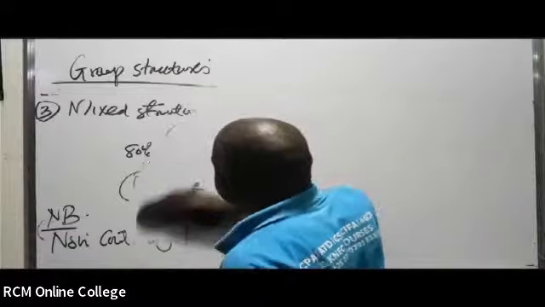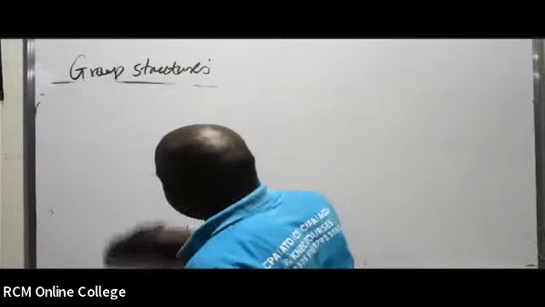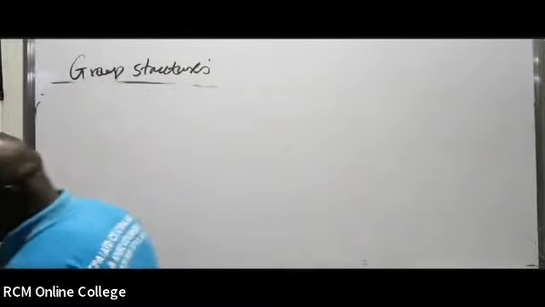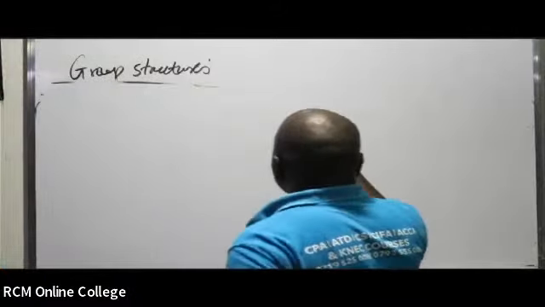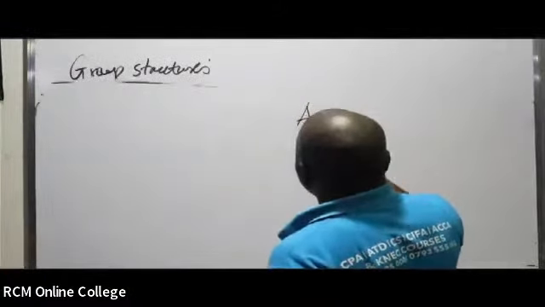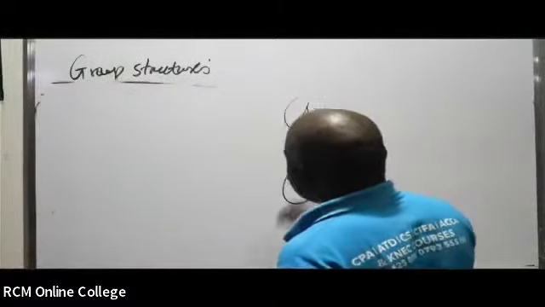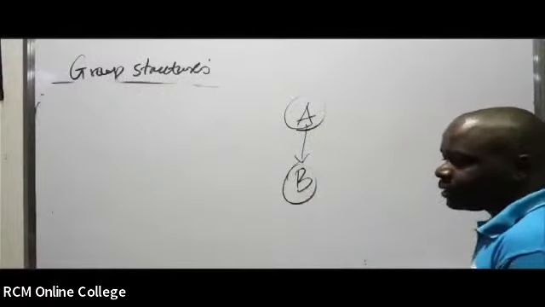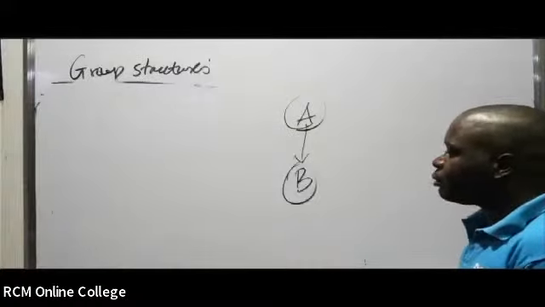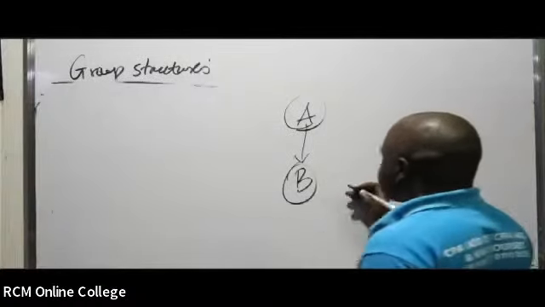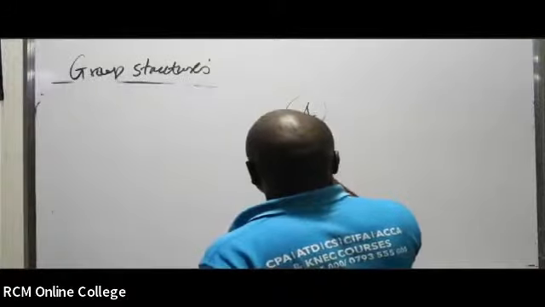So what do you mean by that? For example, we have a parent company A that has acquired a subsidiary B. And of course, we've already defined a subsidiary as where the percentage of ownership or stake is more than 50%. Let's say 70%.